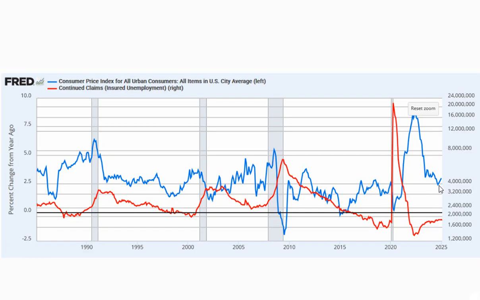This is the inflation with the consumer price index, and there are different indexes. We also have down here continued claims. The shaded areas are recessions. And right before, back in 2007, I continue to point this out, the Fed was so worried about inflation back in 2007 and 8, early 2008 there, but then they ended up having to cave and start slashing rates, doing an emergency cut in January of 2008.